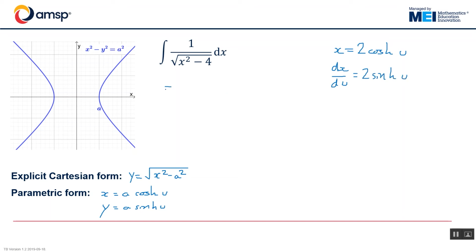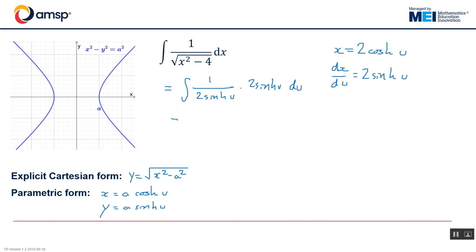And then my integral becomes the integral of 1 over, well, all of this thing, if I've made x 2 cosh u, all of this is y that I can see down here. So if all of this is y, I can just replace that with my expression for y, which is 2 sinh u. If that's not clear, you might want to rewind and just think about that bit again. Now, dx, if I multiply through by du, I get 2 sinh u du.